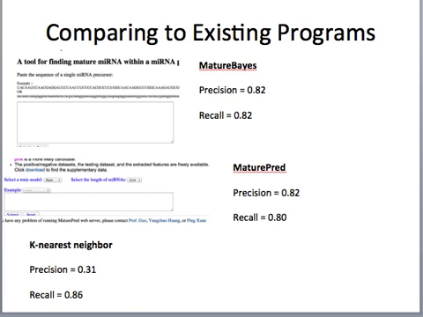And it does the mathematics on those, the distance calculation, but it ends up choosing a lot of false positives. That being said, it has a very high recall because it almost always will choose the correct valid microRNA, but it also chooses a lot of microRNAs that aren't really microRNAs.